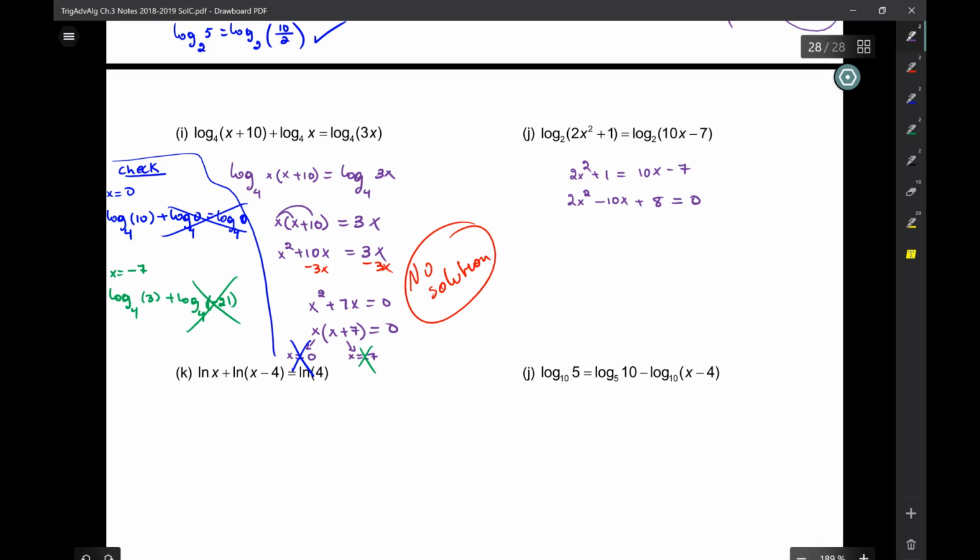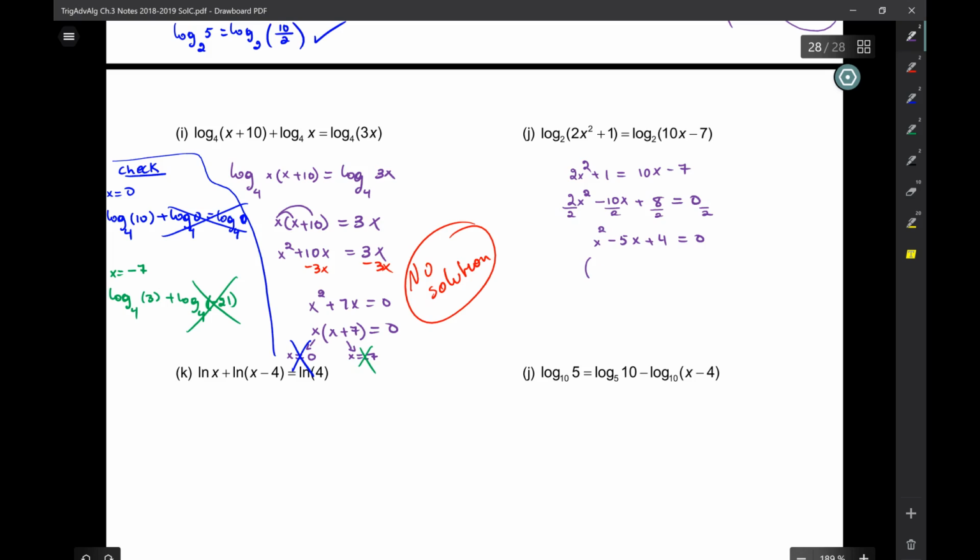I can factor it like this, but it's easier if I divide everything by 2, because it's a common factor. So x squared minus 5x plus 4 equals 0.